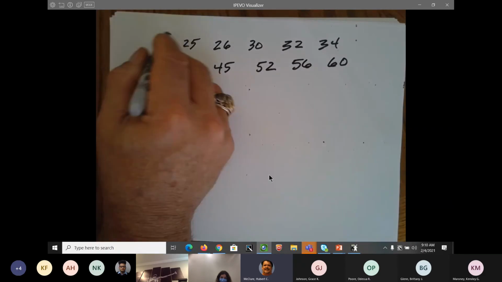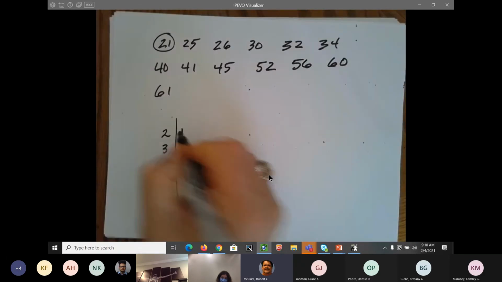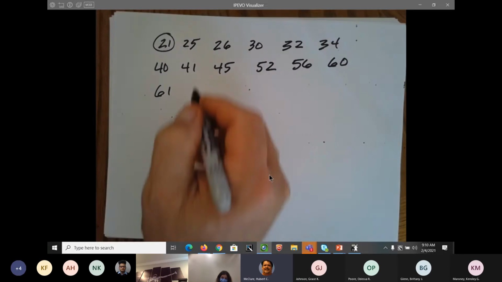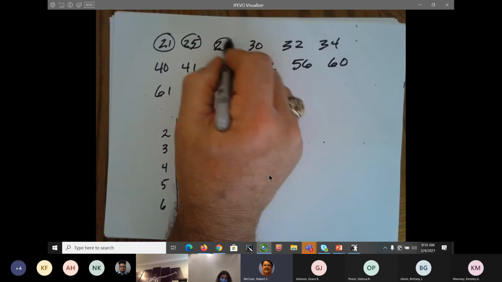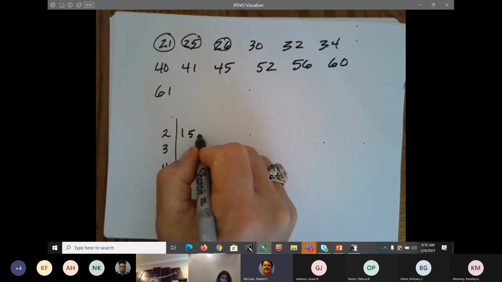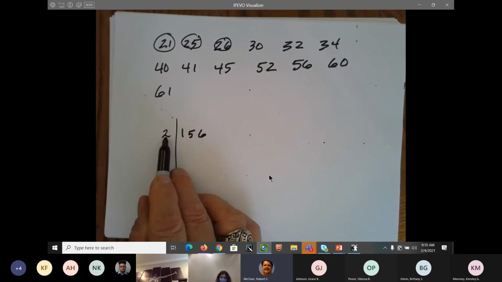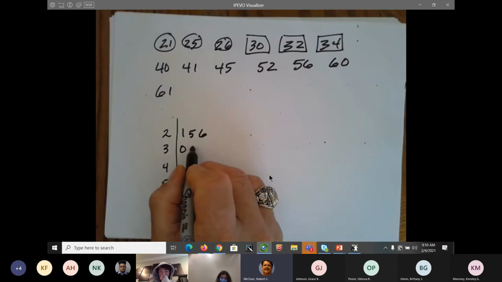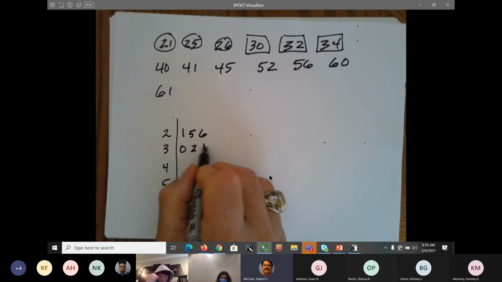In the 20s, I only got one value, and that's a 21. Oh, I'm sorry, I got more than that. 25, 26, so that's going to be a 5 and a 6. So my 3 values in the 20s are 21, 25, and 26. So the 30s would be 0, 2, and 4.